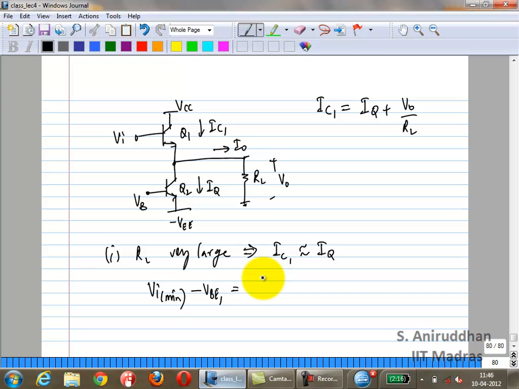And since you are decreasing Vi, VCE will always be larger than VCE sat also, because VO will definitely follow it to a large extent. What happens? Q2 will go into saturation. Okay? Correct? So Vi min minus VBE1, that's the same as VO, will become minus VEE plus VSAT2.